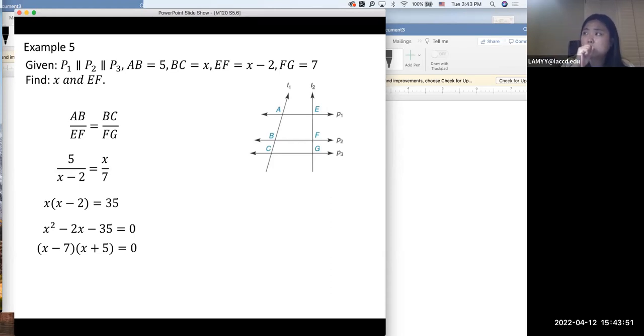Factor out and set each to equal 0. So you should find x equal to 7 and x equal to -5. Do you guys get that?